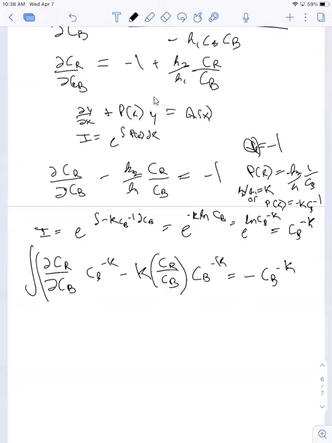All right, so now we can integrate this and integrate this. The reason we can integrate this is because it just ends up being the product rule. This is the derivative of CR times CB to the -K.